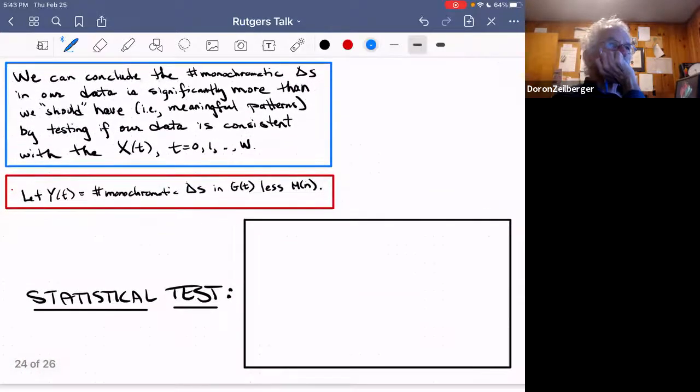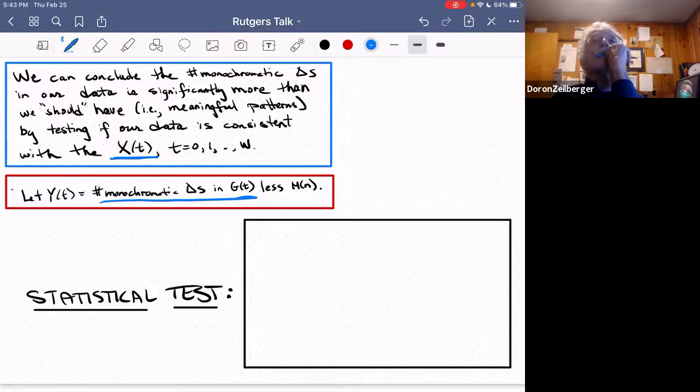And so that is going to be the distribution we look at. So we want to test if our data, which is the number of monochromatic triangles in the threshold graph, has a similar distribution with my random variable X of t.